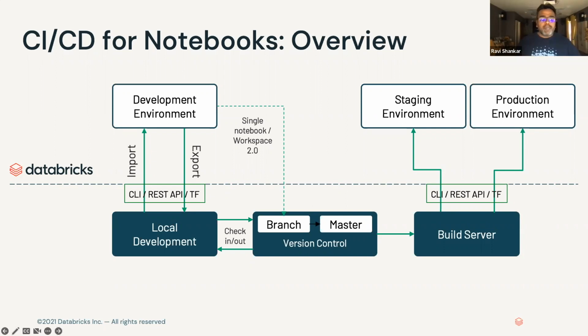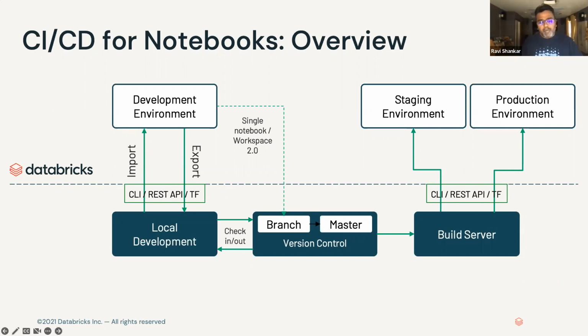Before repos were introduced, you had the notebook and developed as part of the local environment, then imported that to the development environment, from which the notebooks are pushed to a version control, could be GitHub or Azure DevOps, and then we build everything and push that towards the staging and production environments.